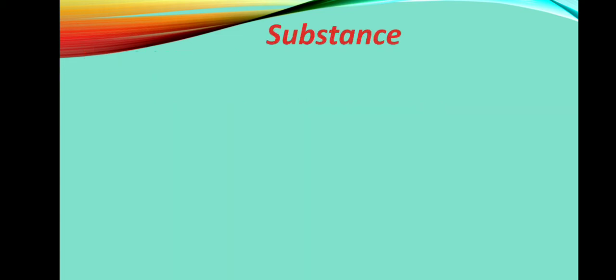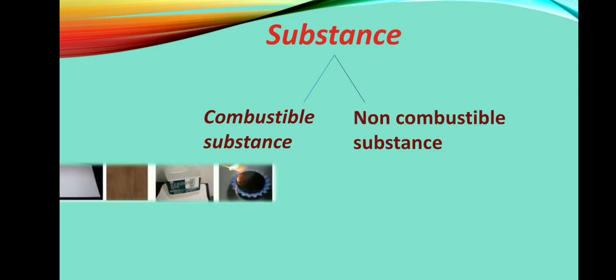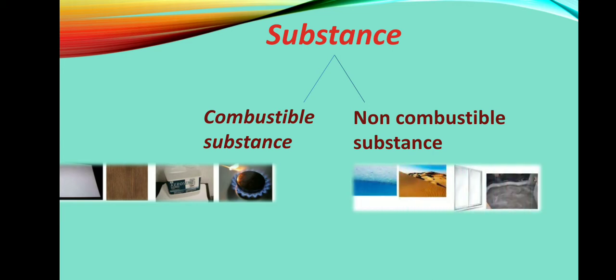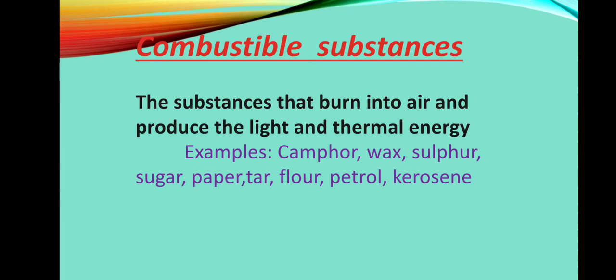The substances are of two types: combustible substances and non-combustible substances. By seeing the examples, you have an idea what combustible means, and the opposite is non-combustible. Combustible means a substance that burns in the air and produces light and thermal energy.